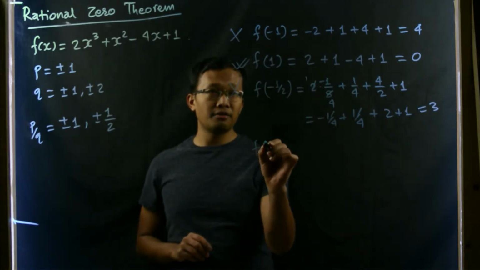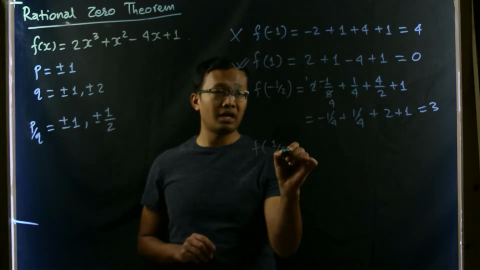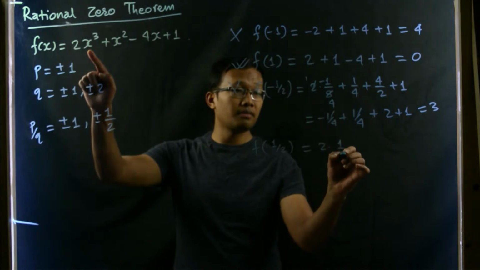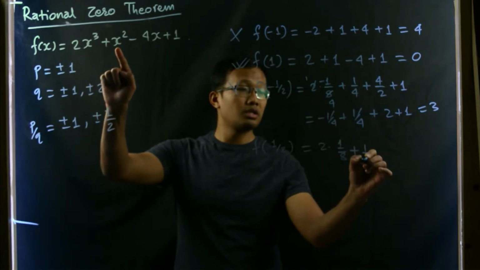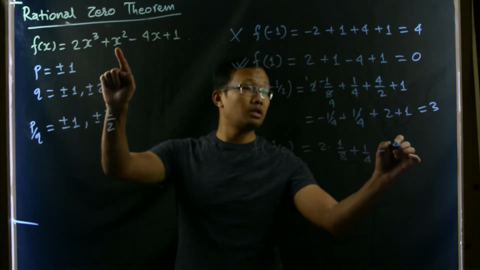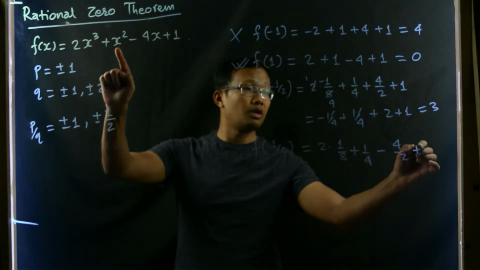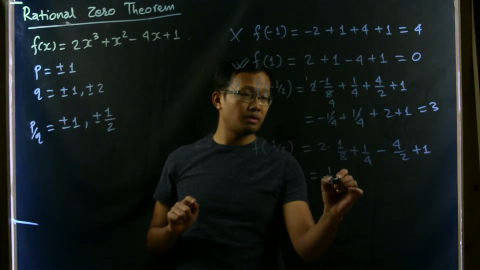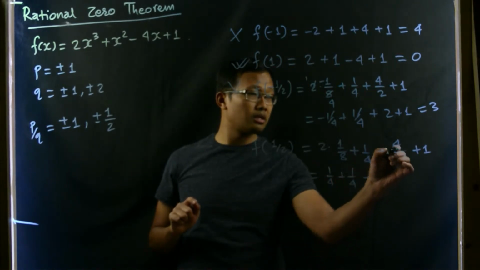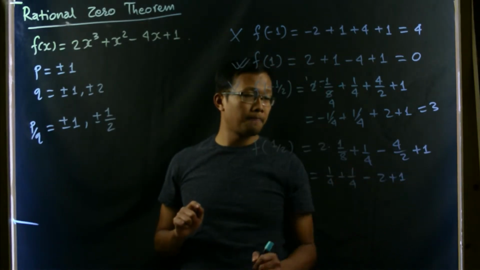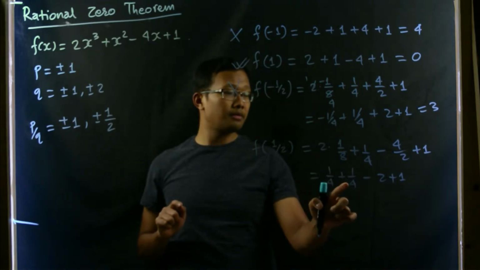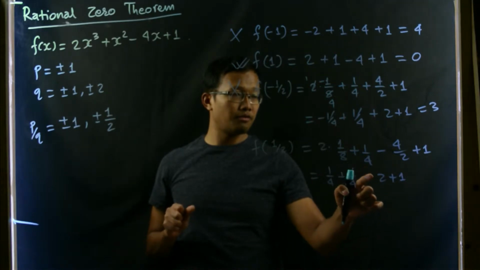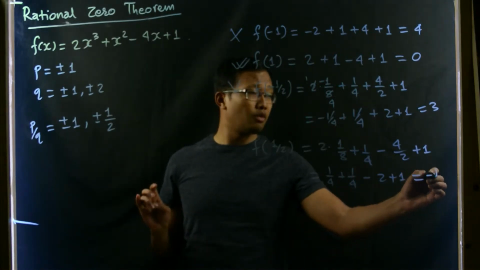Similarly, let's go for f of 1/2. That would be 2 times 1/8 plus 1/4 minus 4 by 2 plus 1, which is 1/4 plus 1/4 minus 2 plus 1. So that is 1/2 plus 1, that's 3 by 2, minus 4 would be negative 1/2.